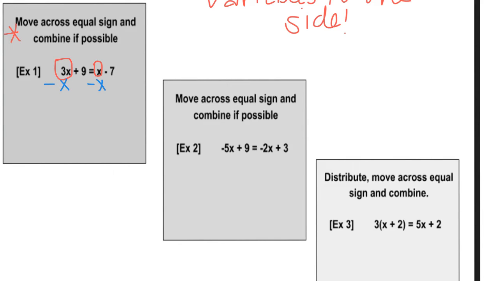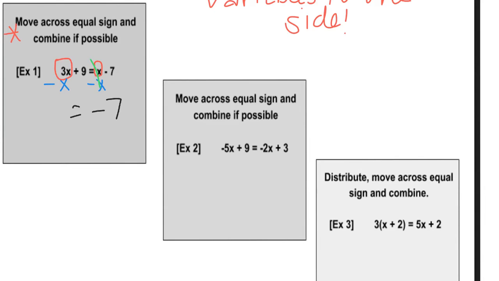And remember, that is like a 1x. So if we subtract x minus x, that ends up canceling out. So the only thing I have left over on that right-hand side is negative 7. And then on the left-hand side, we would do 3x minus x.